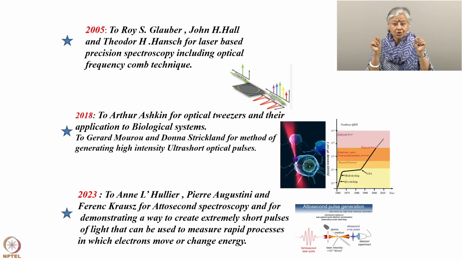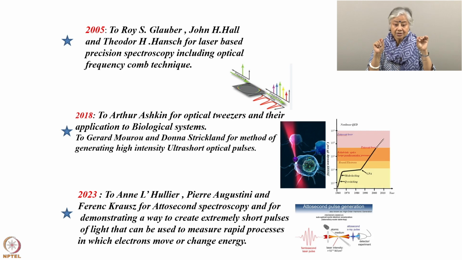The moment your light pulses become shorter and shorter, you are able to probe processes in electrons that move at that rate. And the change in energy of the electrons is happening at that rate. And unless you have such a short pulse, you are unable to probe such occurrences. So that's the importance of the attosecond pulse.